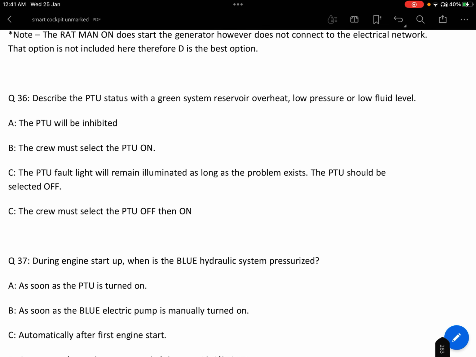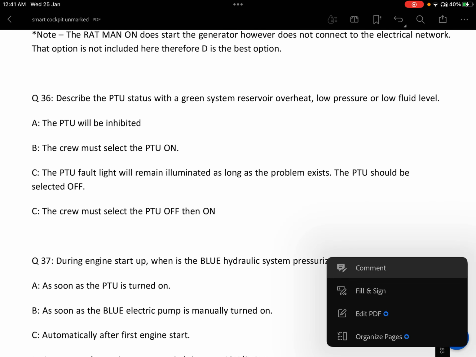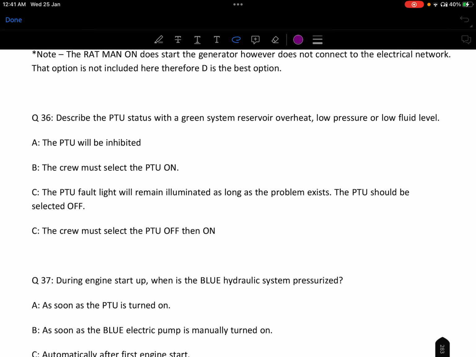We'll do question number 36. Describe the PTU status with green system reservoir overheat, low pressure or low fluid level. So what will happen? PTU will be inhibited? No. There should be a fault light according to me, because we have studied three reasons.